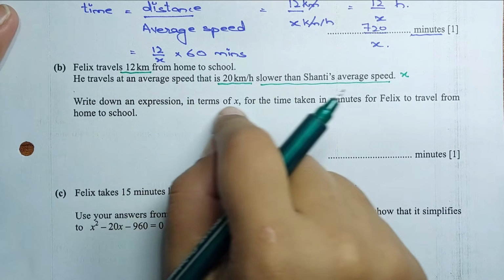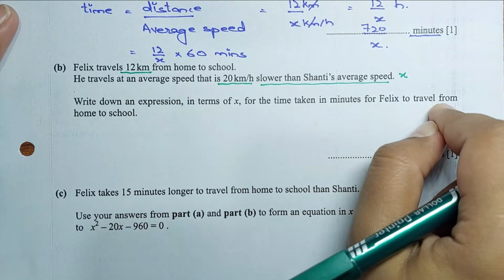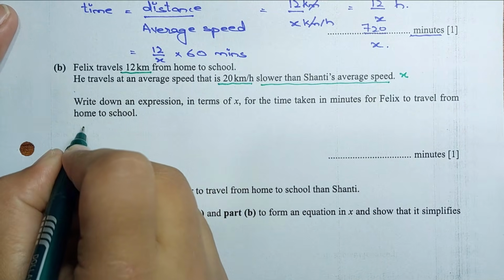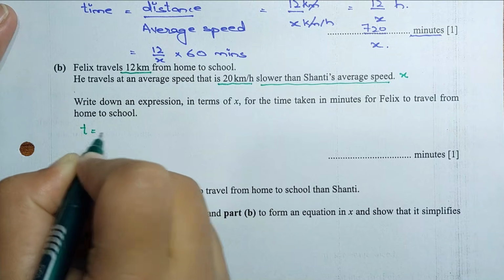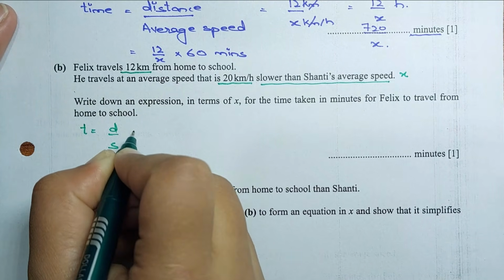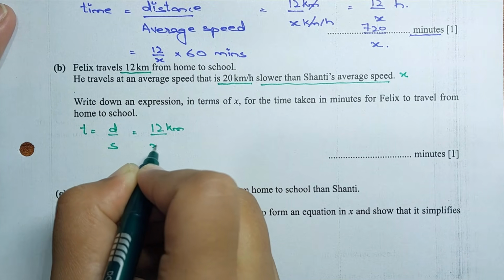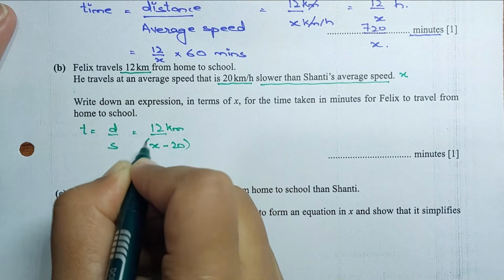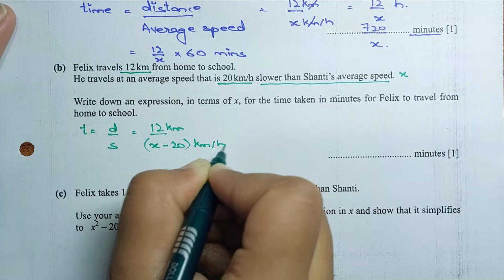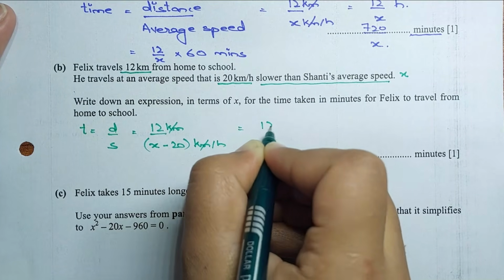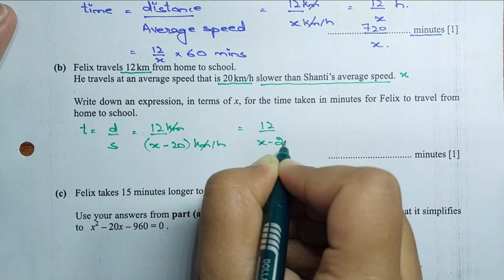Write an expression in terms of x for the time taken in minutes for Felix to travel from home to school. The same thing we have to do. Time is equal to distance over the average speed. The distance is 12 km and the speed is x minus 20 km/h. Again, we get the answer in hours, which is 12 over x minus 20 hours.